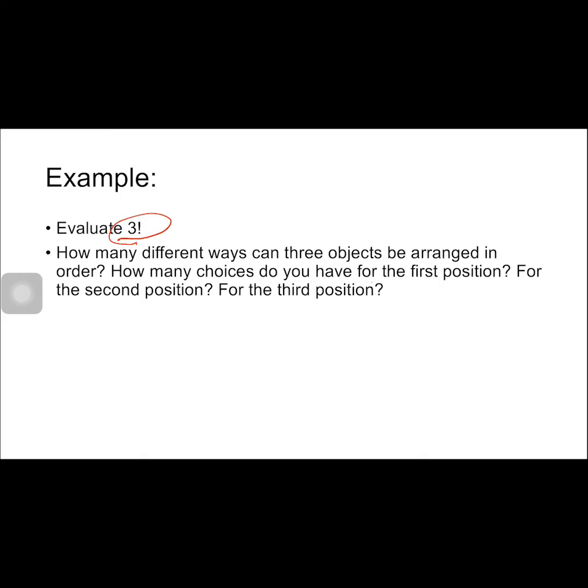How many choices do you have for the first position, for the second position, and for the third position? So, it's simply 3 factorial. So, that is equal to 3 times 2 times 1, that is equal to 6. Okay?